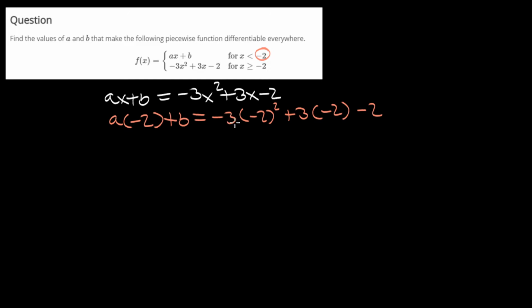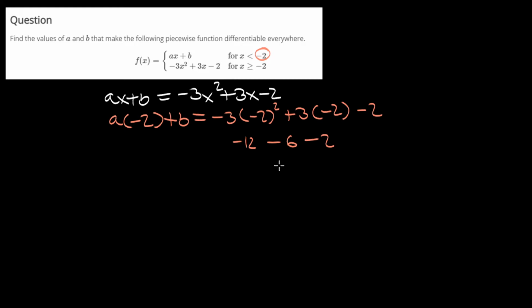So in the end, this would be positive 4. 4 times -3 is -12. Plus 3 times -2, which is -6. And minus 2.